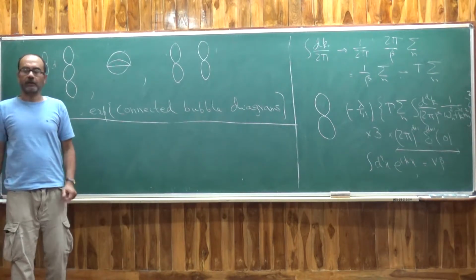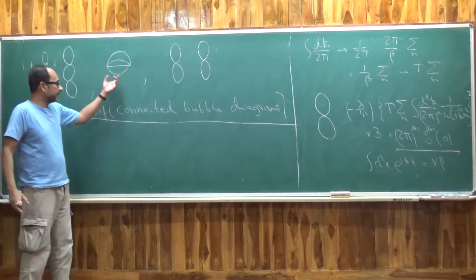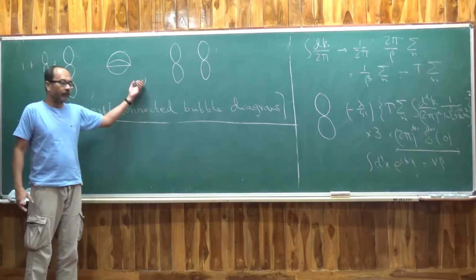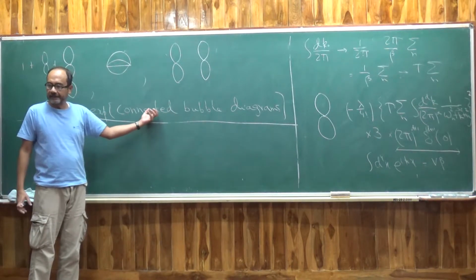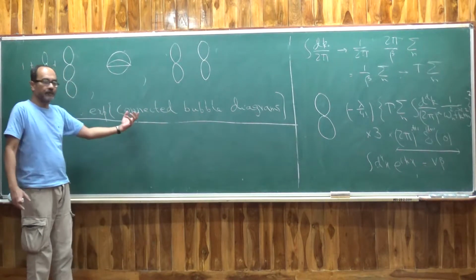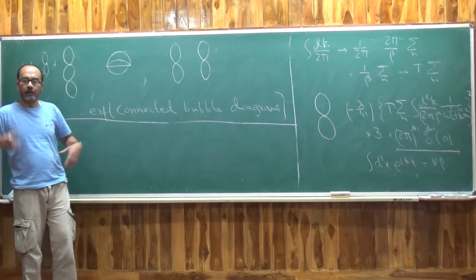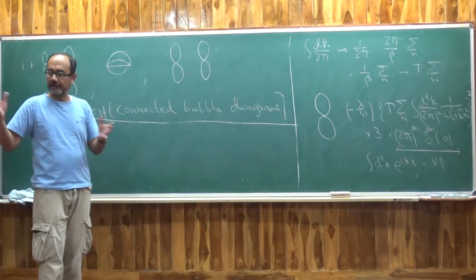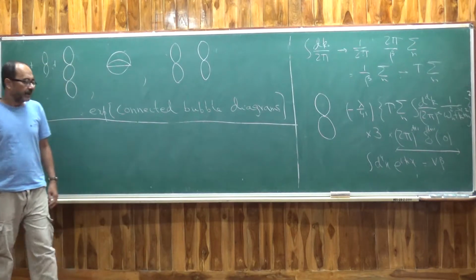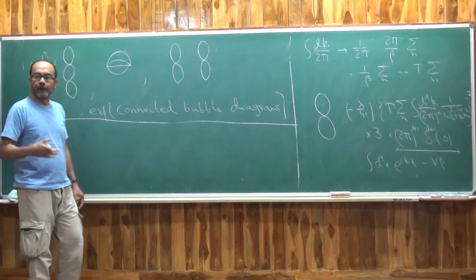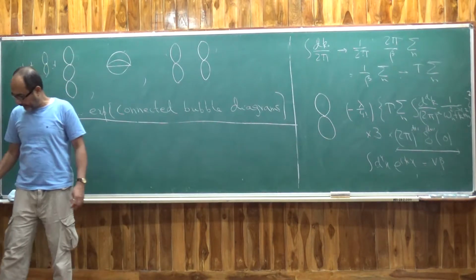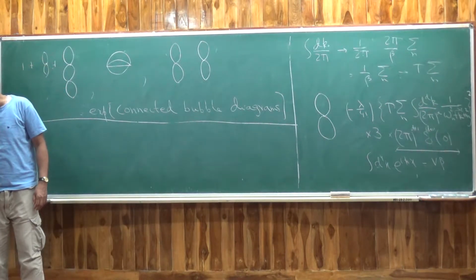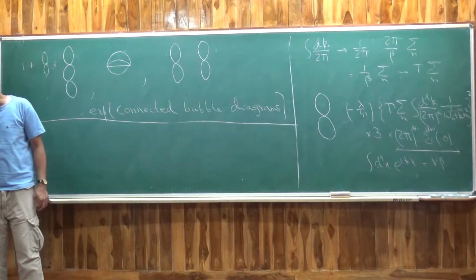So at the level of diagrams there is a one-to-one correspondence between the terms which appear here and the terms which will appear there. The disconnected diagrams come when you expand the exponential to higher orders, when you take the products. But the non-trivial part is to check that the combinatorial factors work out. So I'll now go through the combinatorial factors in a little more detail and see how it works.